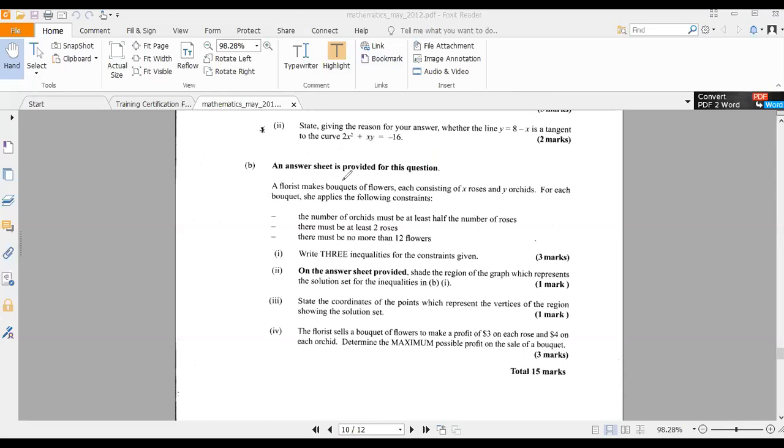The number of orchids must be at least half the number of roses. There must be at least two roses. There must be no more than 12 flowers. Then CSEC asks, write three inequalities for the word constraints given.